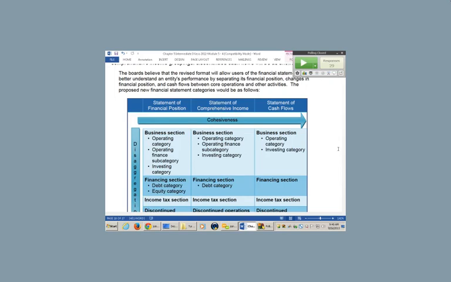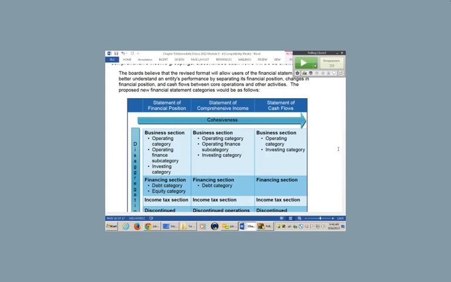Let me repeat what the intent is. We want you to understand the assets you have that are available to generate a certain type of income, and then you want to see the cash that's generated from that category of income, which makes sense. It's logical, but the actual way they put that together could be a little bit difficult.